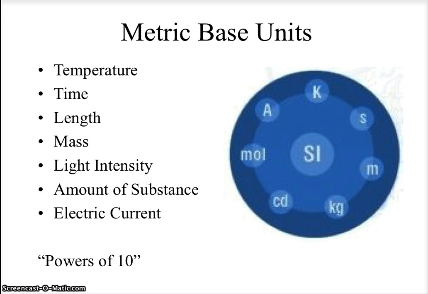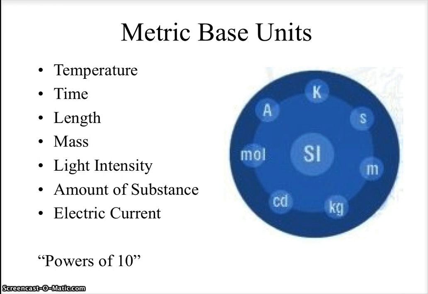That 5 becomes kind of arbitrary without the concept of units. So the units give a value to a particular measurement. For the purpose of the class, we'll be utilizing temperature, time, length, mass quite a bit, light intensity very little, amount of substance almost not at all, and electric current.